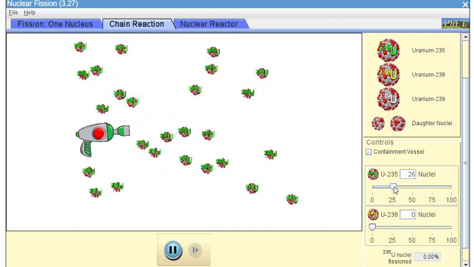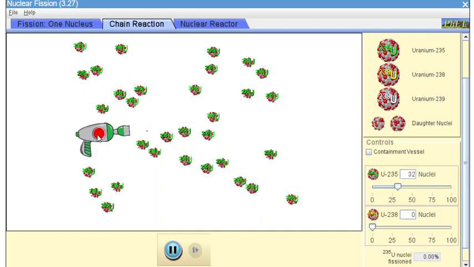For example, here I have 26 nuclei of uranium. I'm not going to use a vessel now, so this is just open space, right? I don't have any uranium-238 here. So I will fire one neutron to see what happens. Let me increase a little bit the number of nuclei.